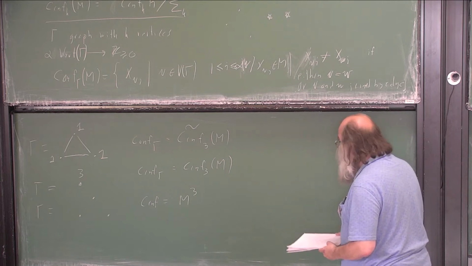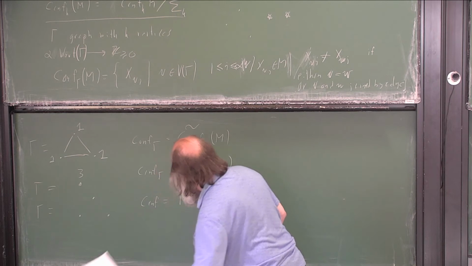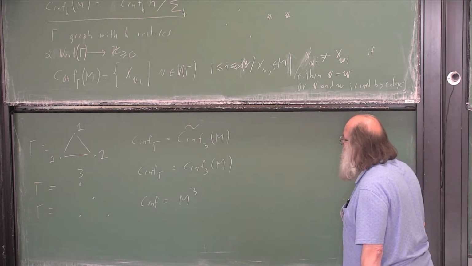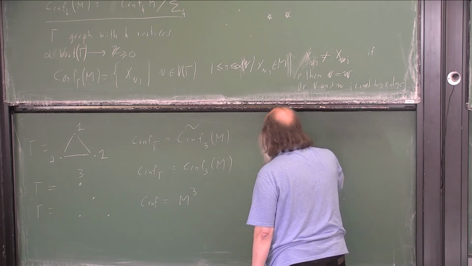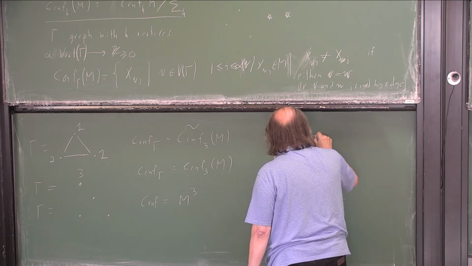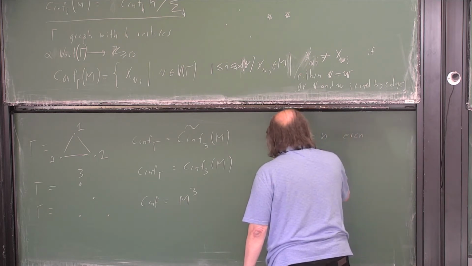So now, of course, you can pick manifolds of different dimensions, and that makes a difference. So for the rest of the talk, let's say that the dimension of M is n, which is even, and n is at least 4.